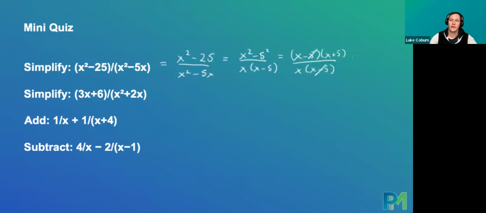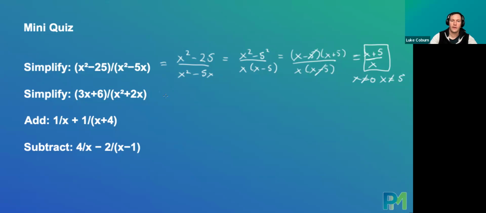So we have (x minus 5) times (x plus 5) on the top line, and x times (x minus 5) on the bottom. Then that cancels, and you have x plus 5 over x. That's our final answer, except we also have to say that x is not allowed to be equal to 0, and x is not allowed to be equal to 5.